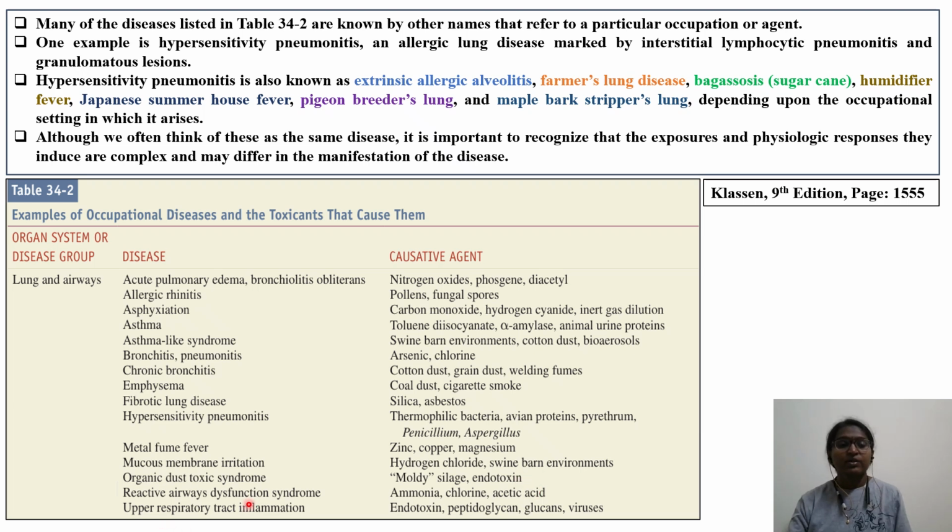Then we have reactive airways dysfunction syndrome, which is caused by ammonia, chlorine, as well as acetic acid. Upper respiratory tract inflammation: endotoxin, peptidoglycan, glucan, and viruses. So this causative agent list has many examples which are very important from the exam point of view also. Please read about this metal fume fever. One question you will be getting on this also.